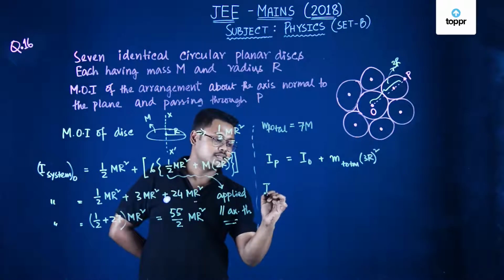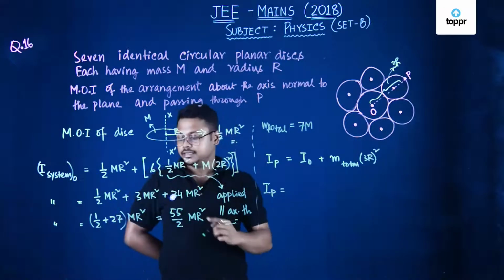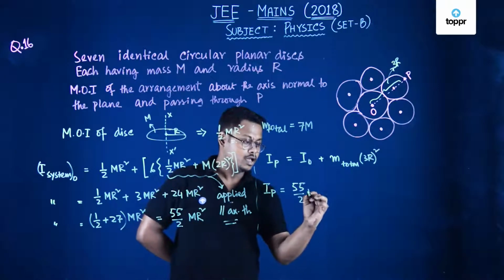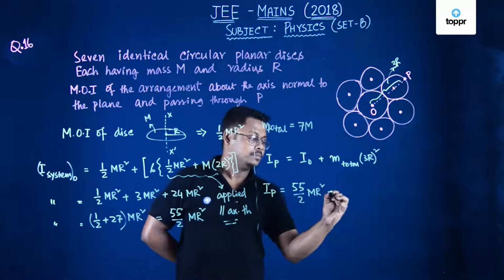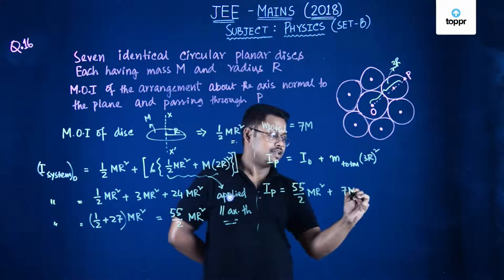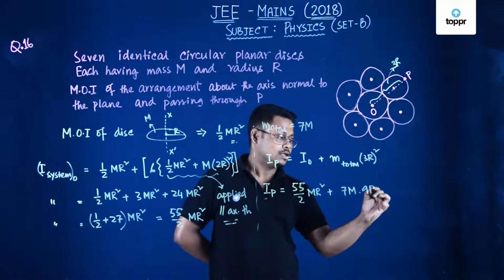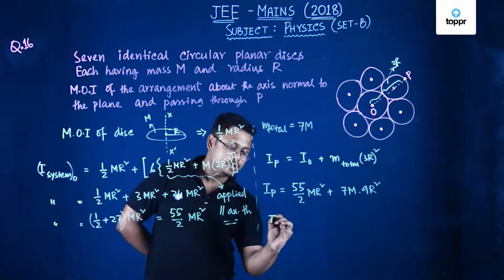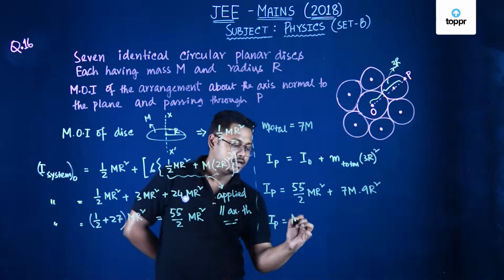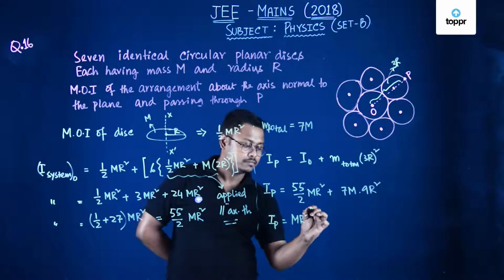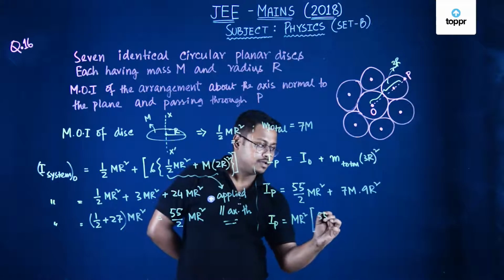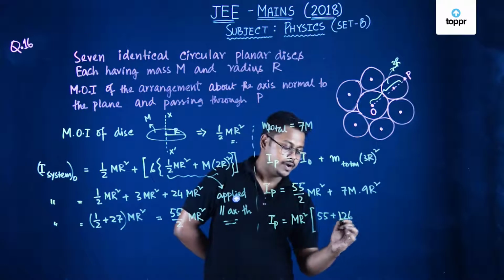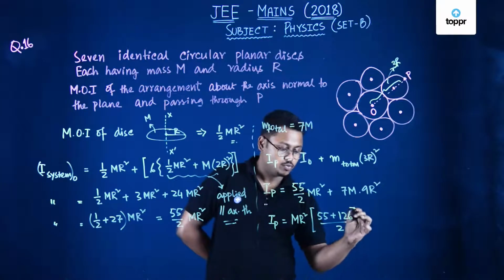So the required answer, that is I about P, is equal to 55 upon 2 M R square plus 7M into 9R square. Fair enough? So this I P will be equal to, taking M R square common, 55 plus 63 into 2, that is 126, upon 2.